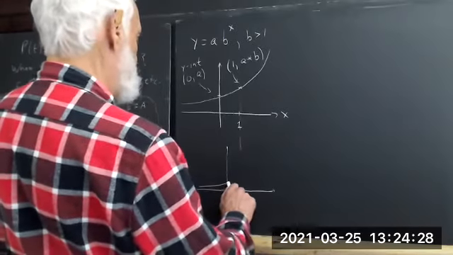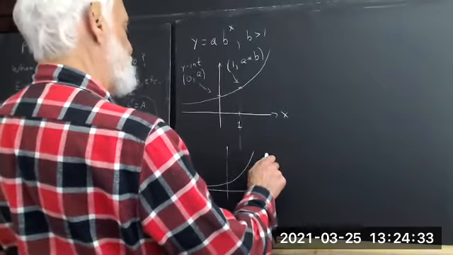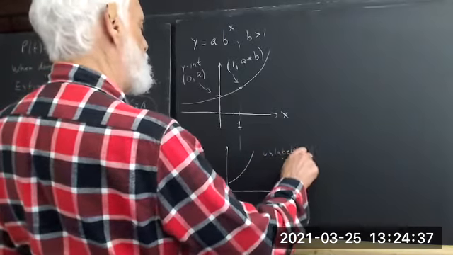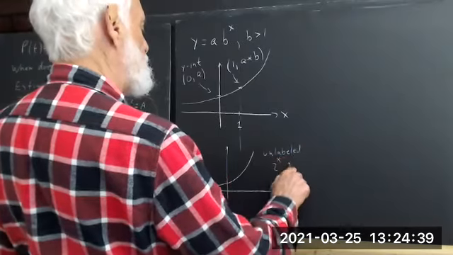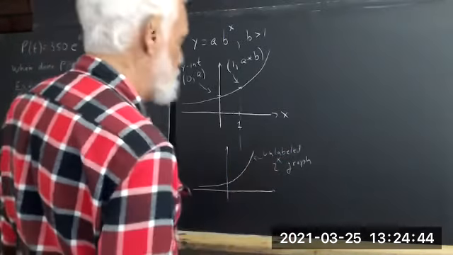and I'm not going to go to the trouble to draw it really carefully, but here is an unlabeled 2 to the x graph.